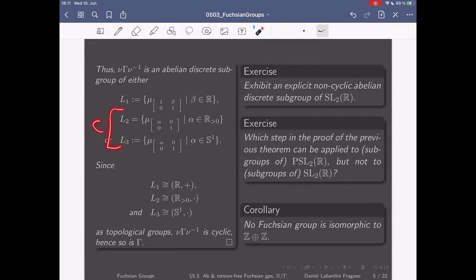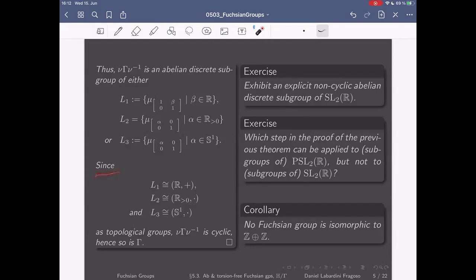And actually, we also want to get more information about the second type. So before this was called G, and now we say actually it's of the following form. So either there's an alpha here, which is a positive real number, so this is just scaling, or this alpha is actually in S1, so it's some sort of rotation.